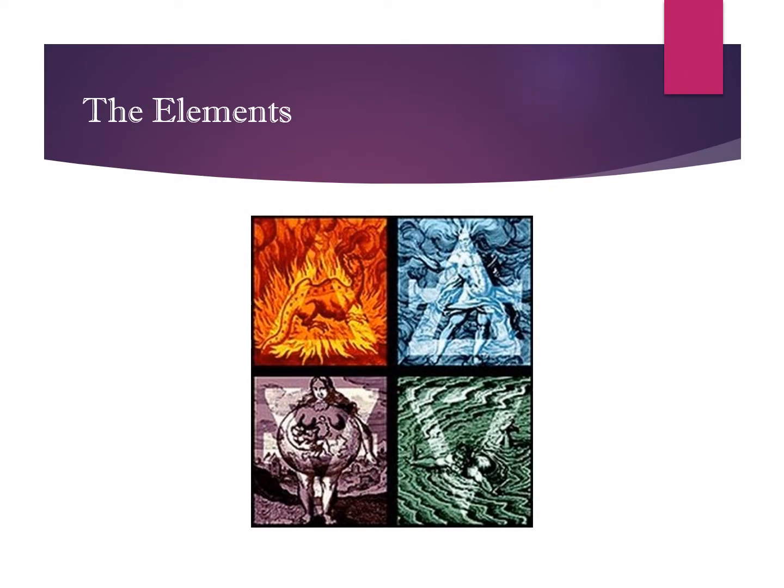So starting off, we're going to look at the four elements, what they are, and how they function. So just some basics on the elements themselves. There are four basic elements, according to the classical traditions: fire, water, air, and earth.